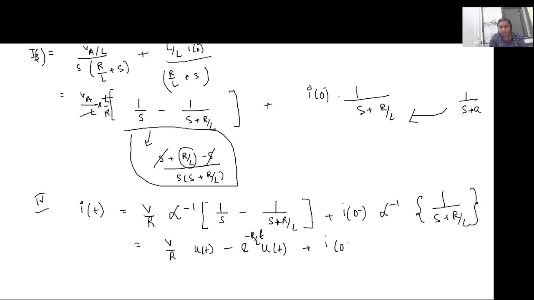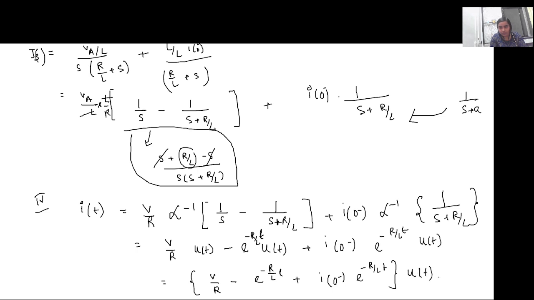Now I of 0 minus, similarly Laplace transform of this is e to the power minus R by L into t U of t. So finally the current expression would be V by R minus e to the power minus R by L of t plus I of 0 minus e to the power minus R by L of t, whole multiplied by U of t. This will be the response, the current response of the circuit.